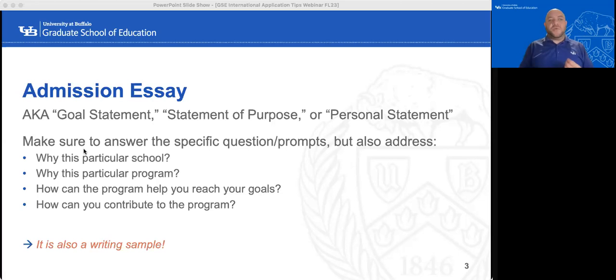Can you answer their question in 500 to 1,000 words? Can you write in active voice? Can you write concisely, in order to show the faculty review committee that you're not only a good fit, but you also have some graduate level writing skills? So please be mindful of these parts as you're thinking about applying.